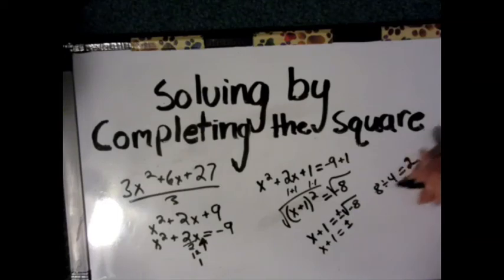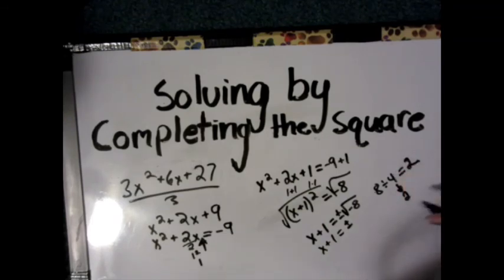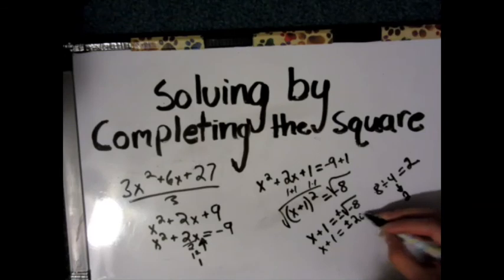So, since 4 is a perfect square, it simplifies to 2. So we can have 2, and because there's a negative in there, i times 2.